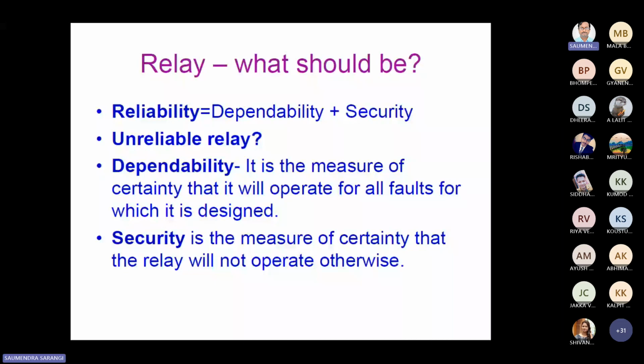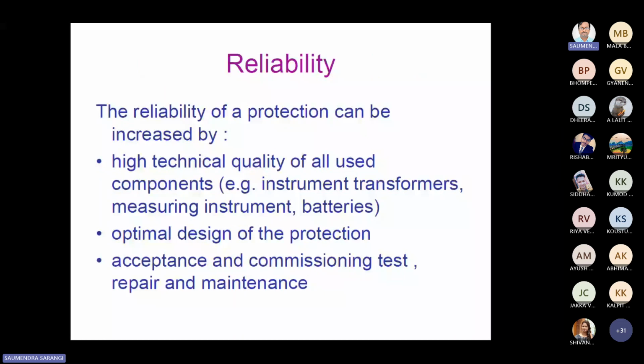So when you are having a normal operation of the system, transient ऐसा आ गया, तभी भी अगर रिले ट्रिप कर गया तो फिर वो सिक्योरिटी का मामला हो गया, मतलब it has lost the security. The reliability of the protection can be increased by high technical quality of all used components like instrument transformer, measuring instrument, batteries, optimal design of the protection, acceptance of the commission, testing, repair and maintenance.